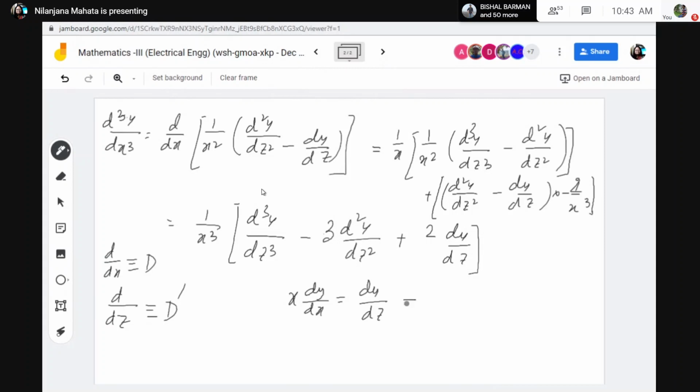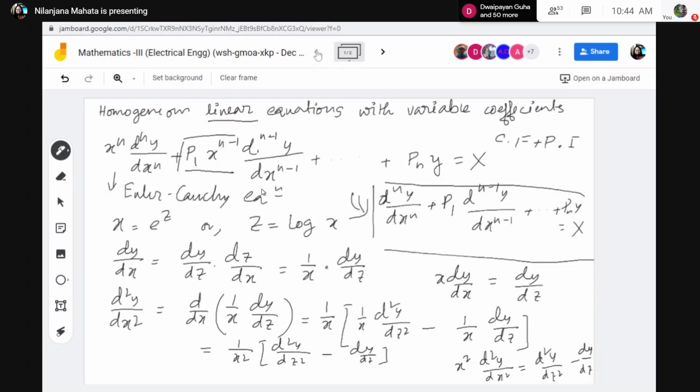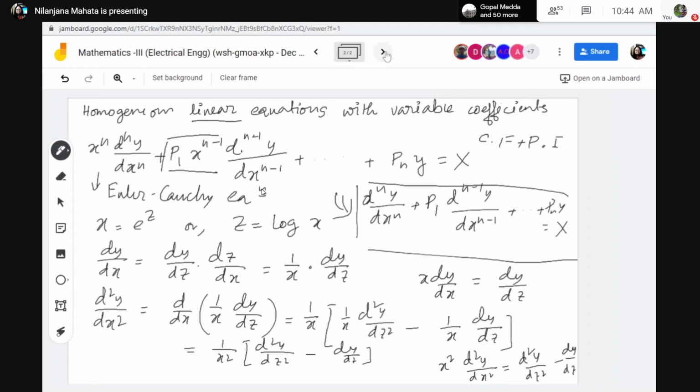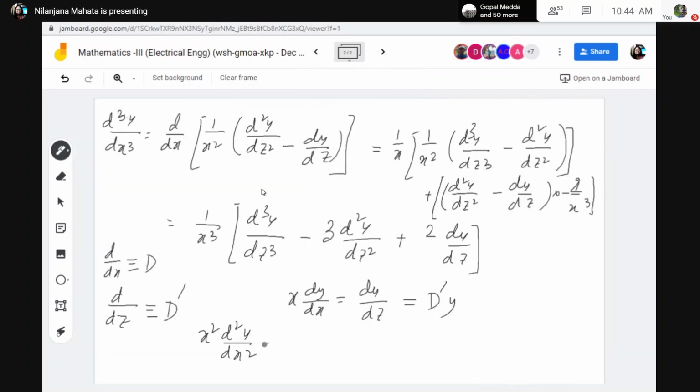So I can write this as d dash y. x square d2y/dx square was d2y/dz square minus dy/dz. So this can be written as d dash into d dash minus 1.